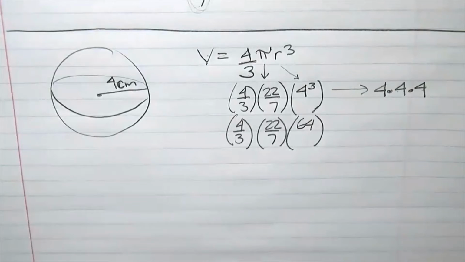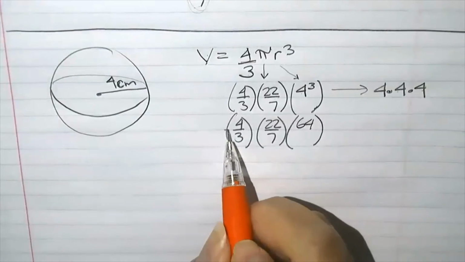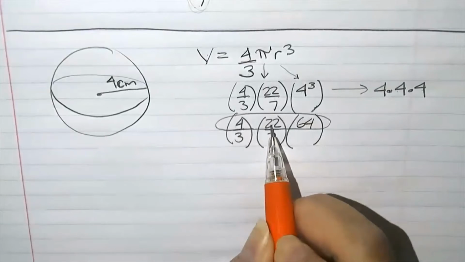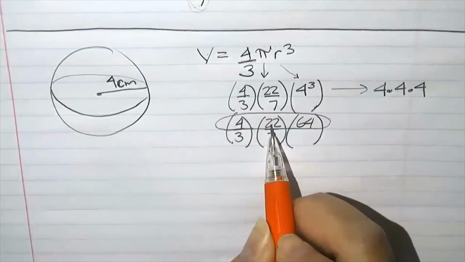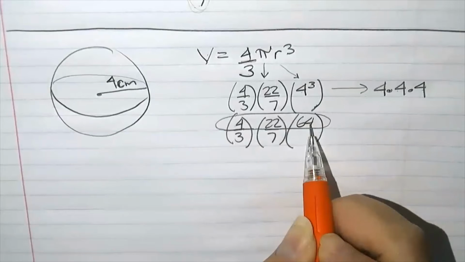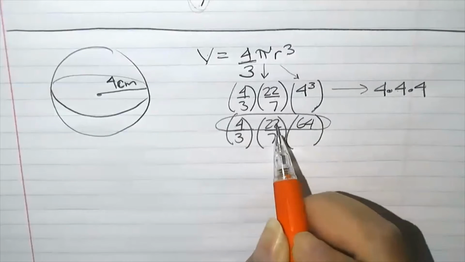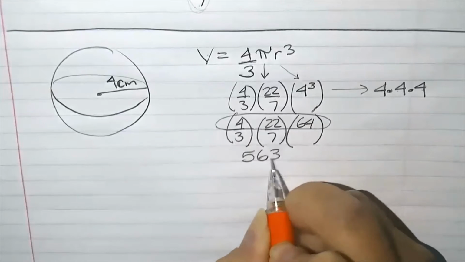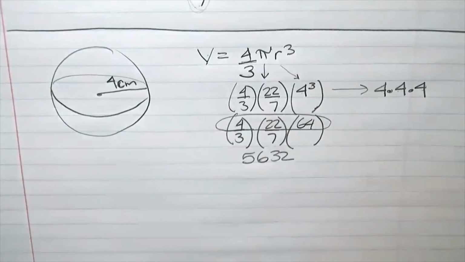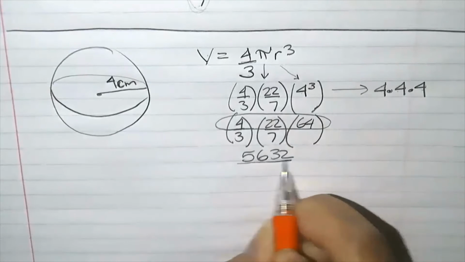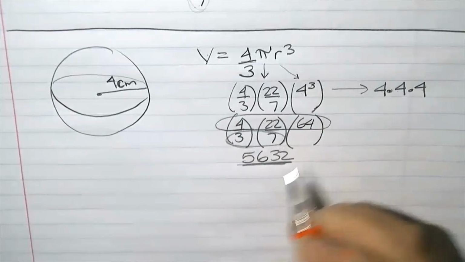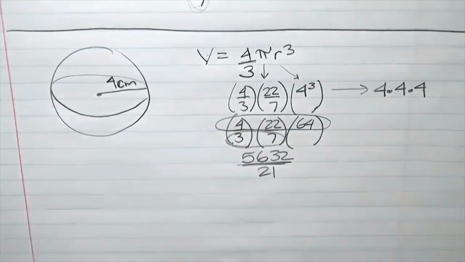Okay, this is where you definitely need a calculator because we're going to multiply all of the numerators first. 4 times 22 times 64 is 5,632. Now I'm going to multiply my denominators. 3 times 7 is 21.